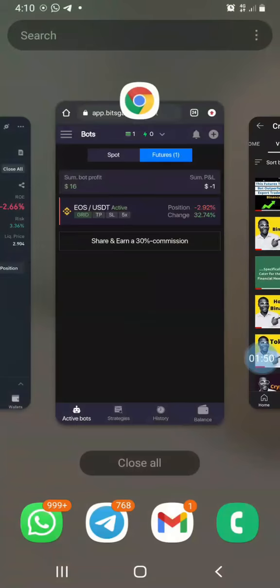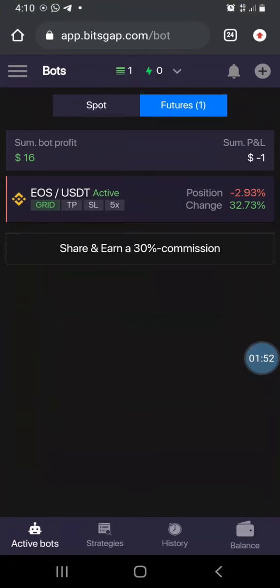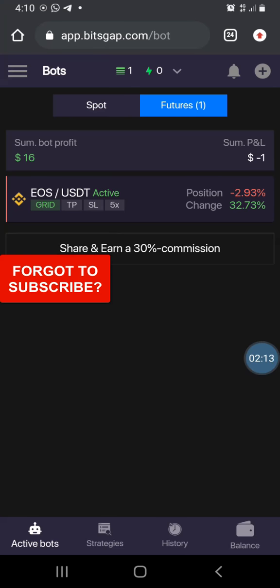So now let me go to the platform. Here it is. What you are seeing here, I launched this with $50. The reason is that Combo Bot is still a new bot on Bitsgap, so I waited a long time for the team to work on it to make it perfect or close to perfect. Now I'm beginning to experiment with it.